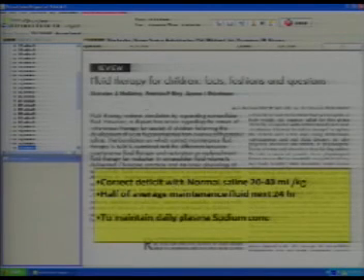In fact, over the years, they have changed their recommendations, saying that it may not be correct. The new recommendation says correct the deficit with normal saline 20 to 40 ml per kilo, then half of average maintenance fluid for the next 24 hours, and maintain daily plasma sodium concentration.